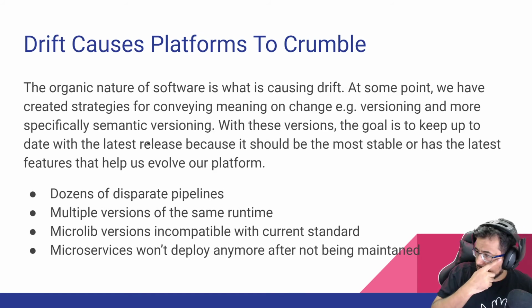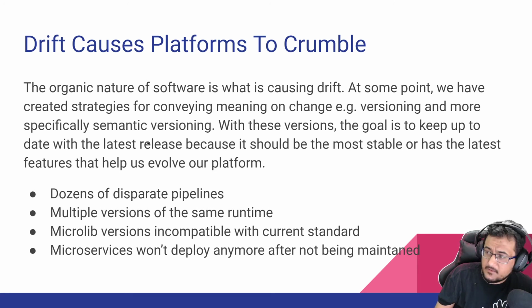And to be honest, this has been the bane of every microservice implementation that I have seen, because over time the drift will start to make platforms crumble, because at some point it adds so much overhead and maintenance. You can see it as a form of technical debt.